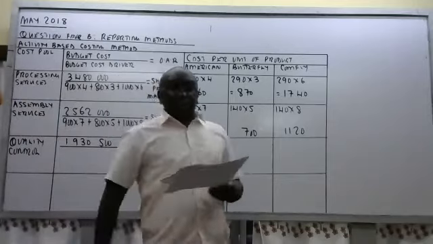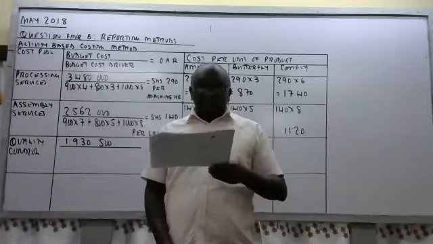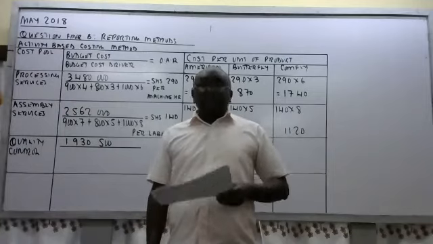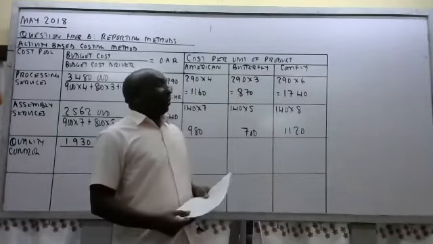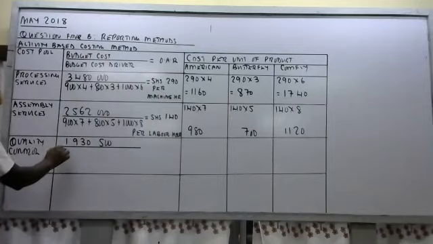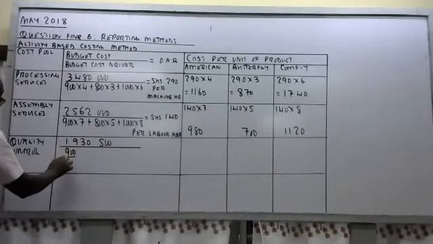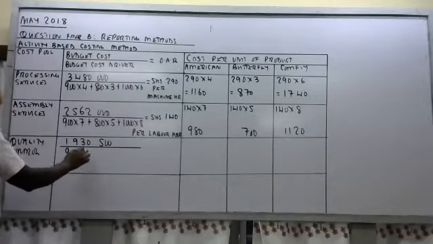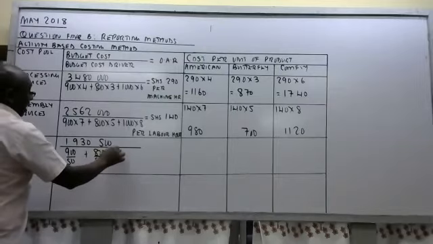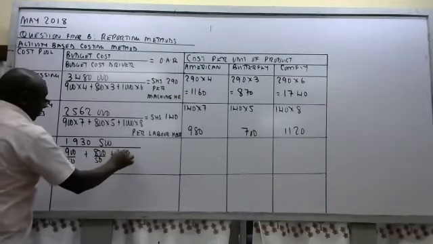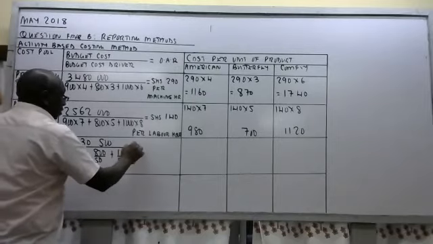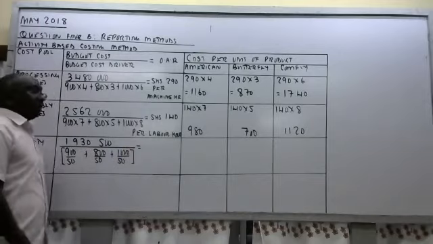If you look at information 3, it says that production of each type of sofa set takes place in batches of 50 units. So the batches will be 900 divided by 50 plus 800 divided by 50 plus 1,000 divided by 50.